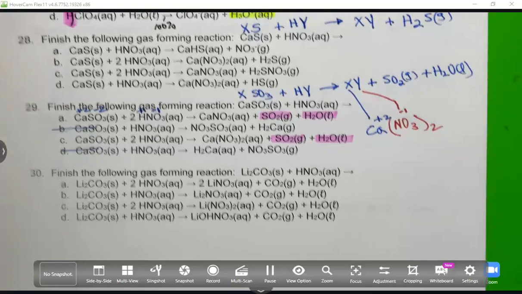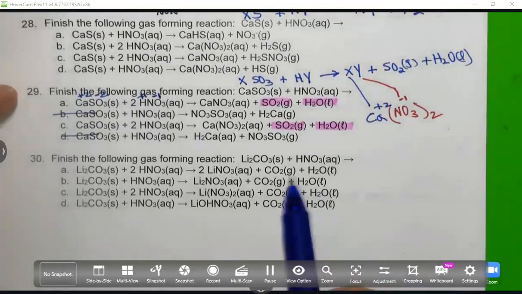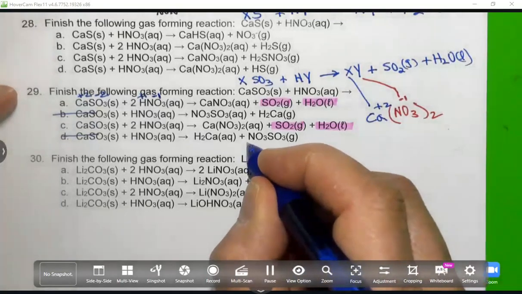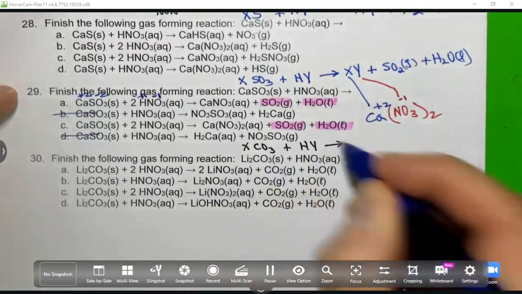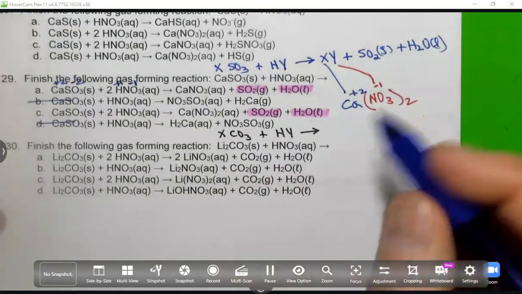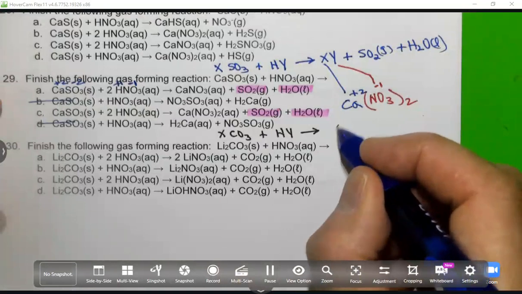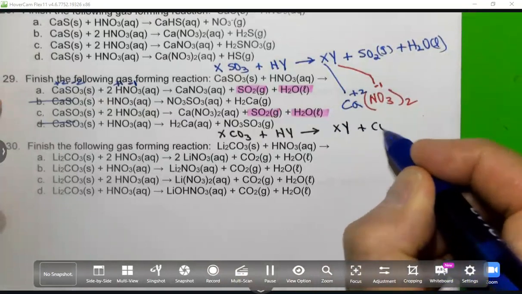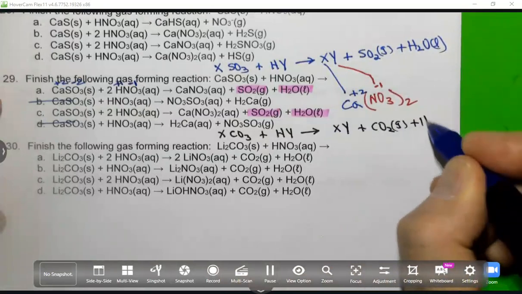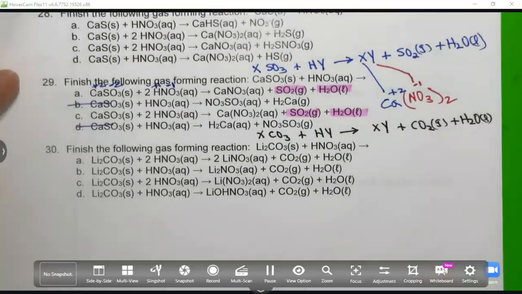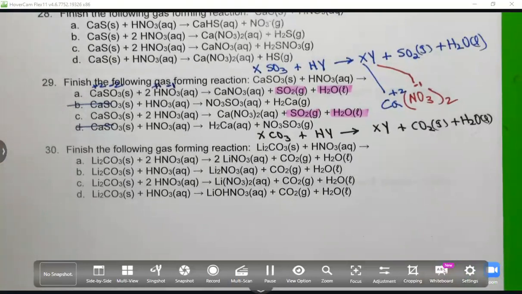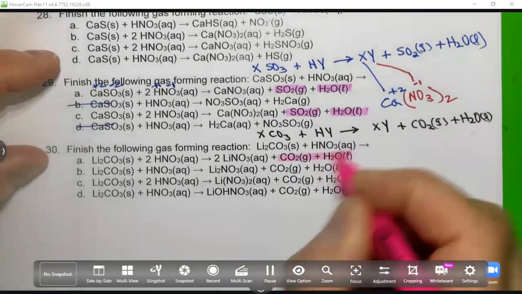All right, let's look at 30. In 30, we have an XCO3 plus an HY and we should get XY plus CO2 gas plus H2O liquid. So this much looks pretty good, huh?